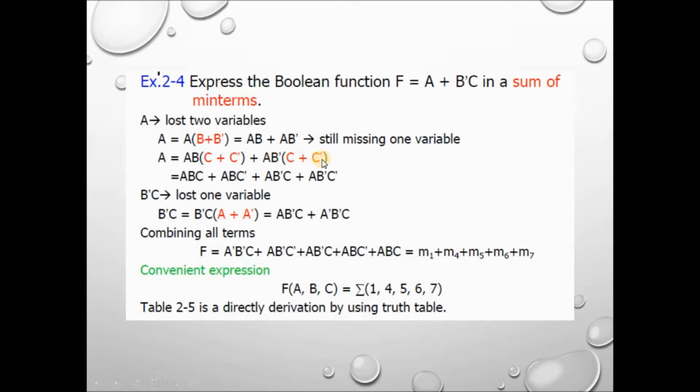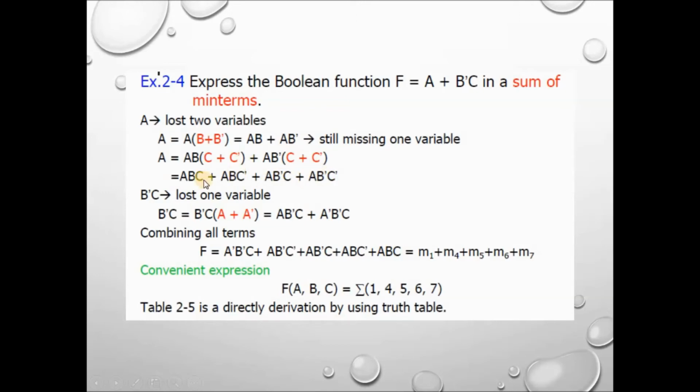So after that, see, ABC is there, and if you get the same output again, then you have to take only one. ABC bar is there, here you will get ABC bar, but you will not take it twice. That means 4 inputs are there already: ABC, ABC bar, AB bar C, AB bar C bar.